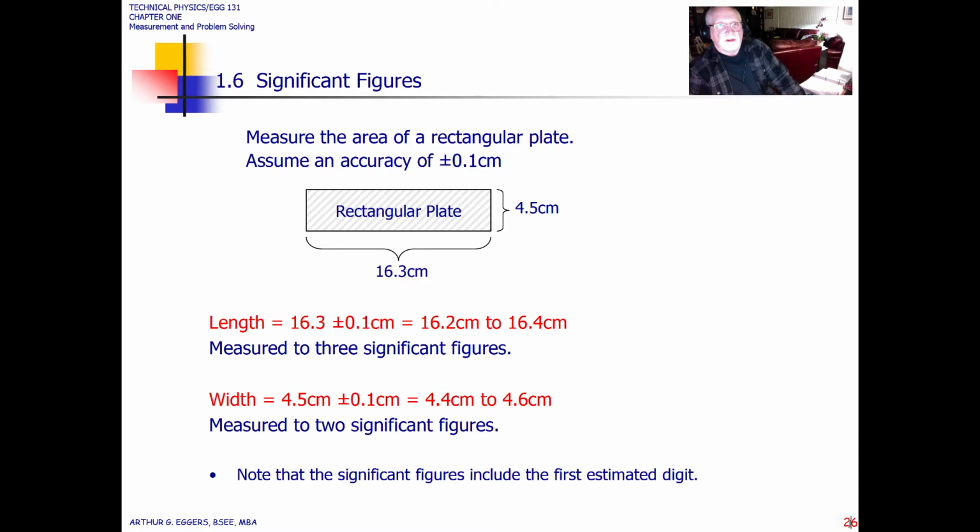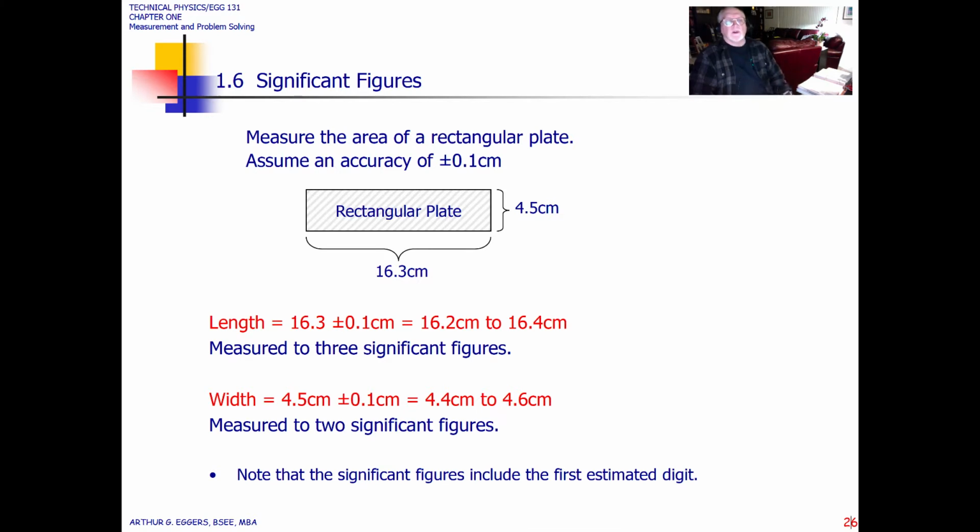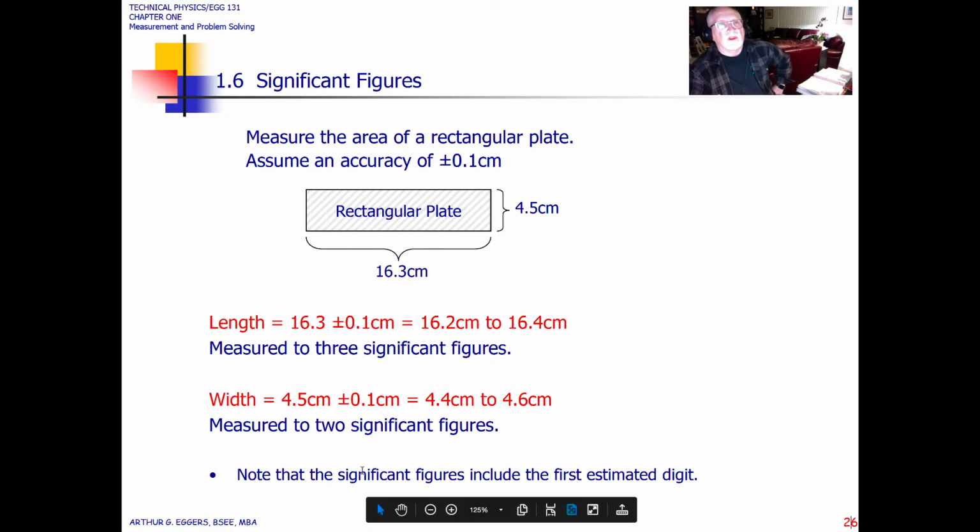Let's pick up with the significant figures. Significant figures, as I said, is very important because in dealing with the data and the factors that you're going to use to do your analysis and your solutions, you have to make sure that what you are using for your input data matches your output data, i.e. your result.